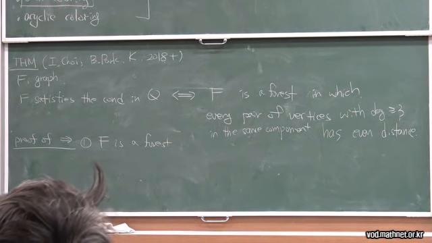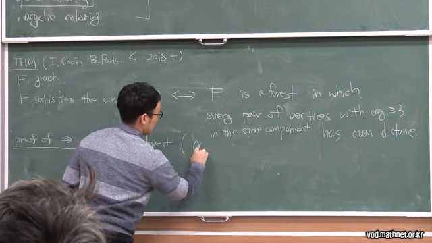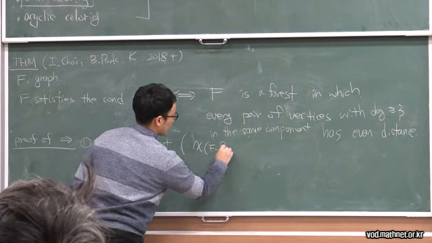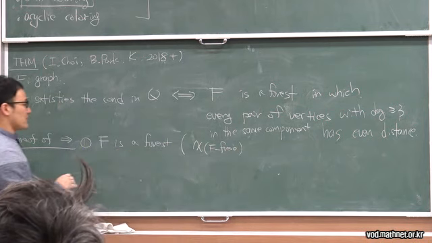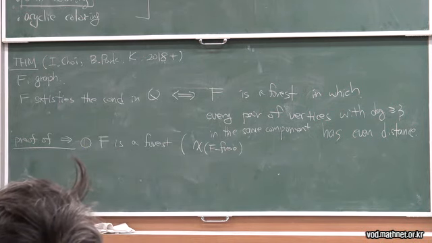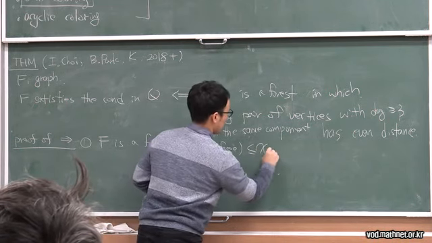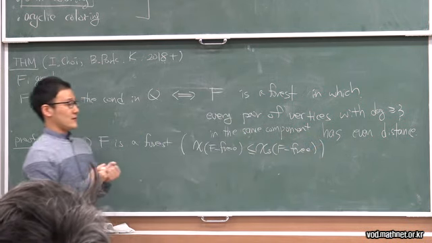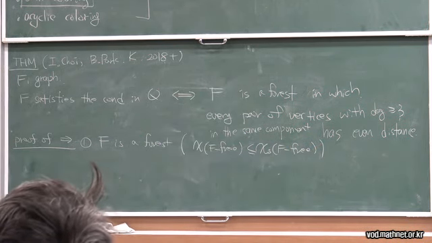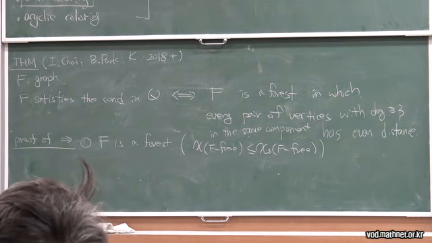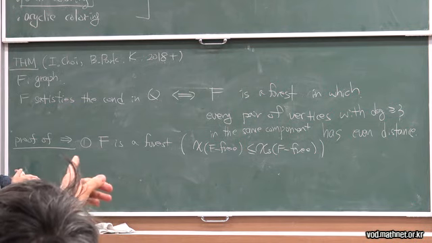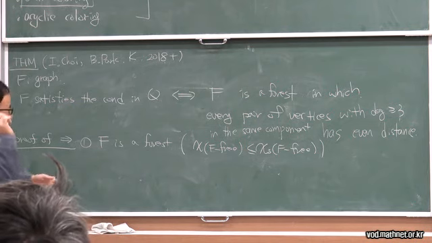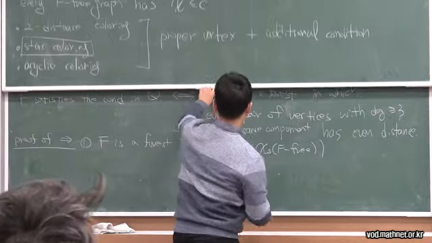This is because for every F-free graph, the chromatic number of a graph is at most the star-chromatic number of the graph, right? So by the first theorem, you should maybe say that the first theorem is also if and only if. Yes, that's right. Okay, great.